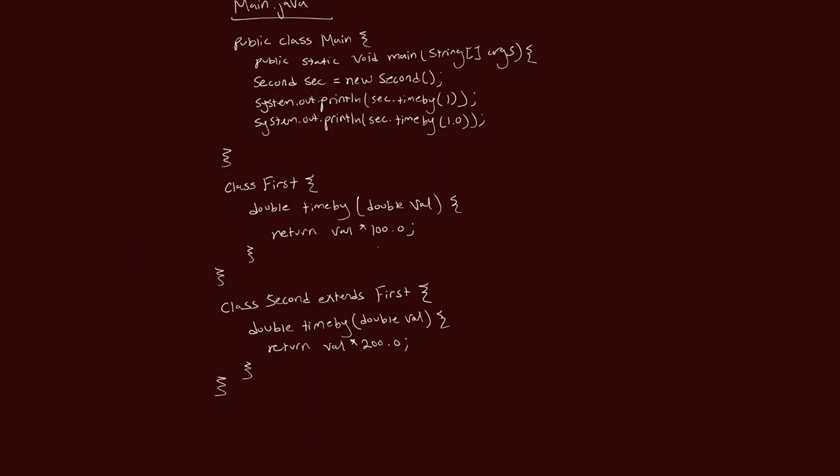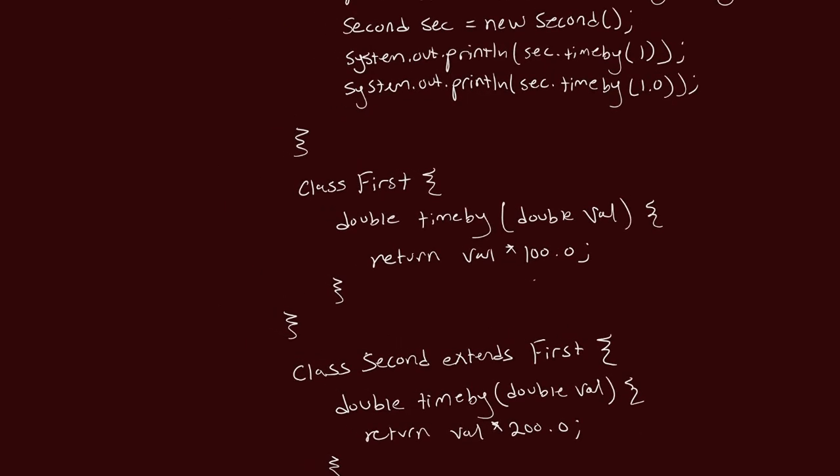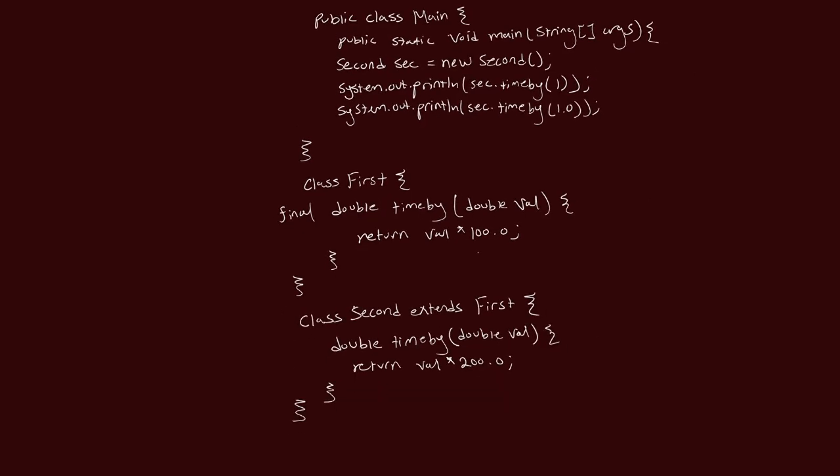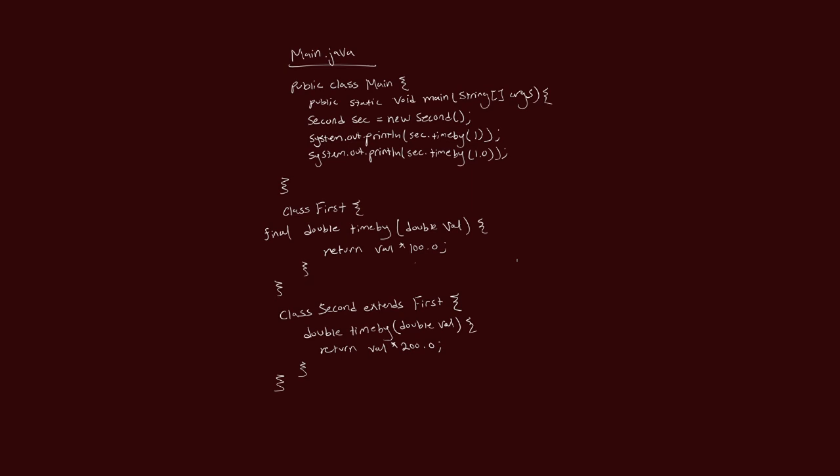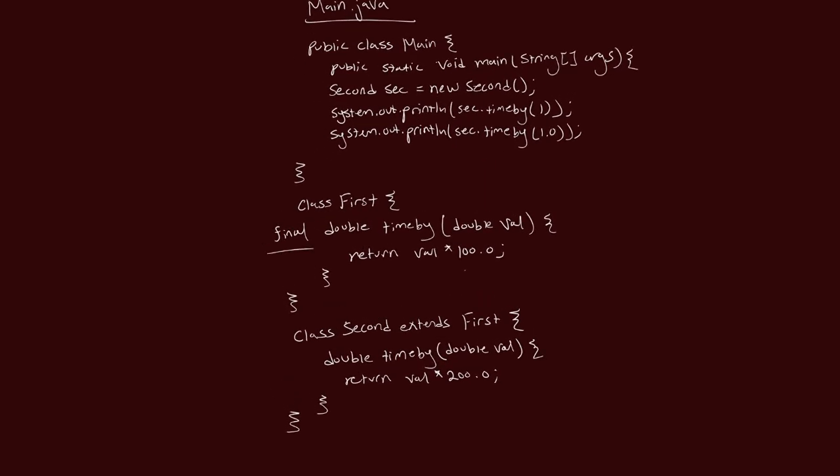However, if we were to instead do final double times by, then you would get an error, because this is overwriting this, and you can't overwrite an object or variable that has final in front of it. So pretty much a code like this will result in an error because of this final. Objects, methods, or variables that have final in front of them can't be overwritten.